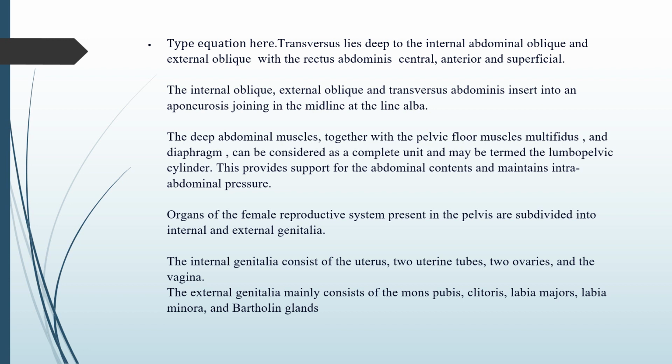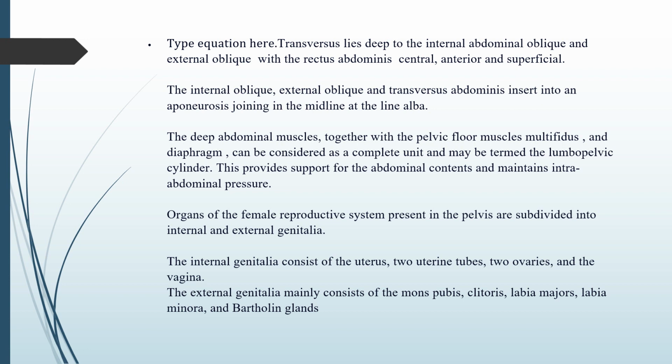Transversus lies deep to the internal abdominal oblique and the external oblique, with the rectus abdominis central, anterior, and superficial. The internal oblique, external oblique, and transversus abdominis insert into one aponeurosis joining in the midline at the linea alba.